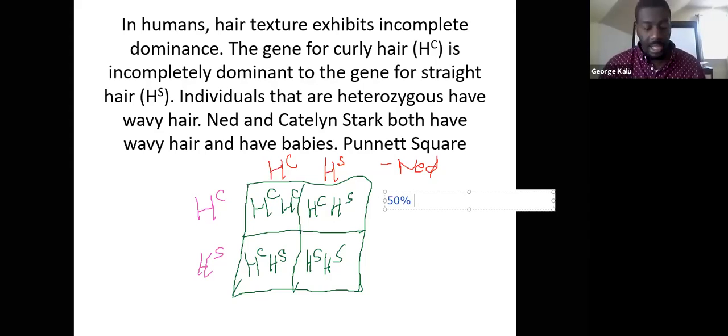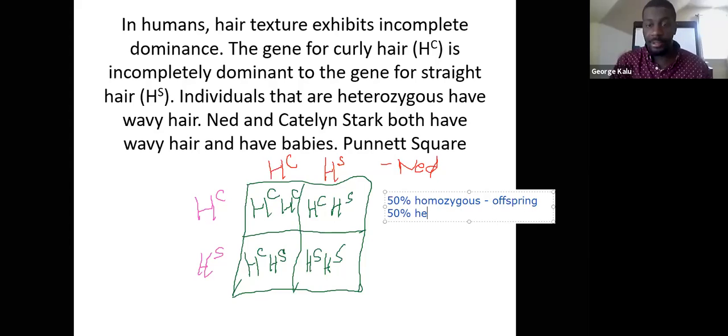So we're going to have 50% homozygous offspring, or a 50% chance of having an offspring that is homozygous, again because we're having HC over here and an HS over here. So we have 2 out of our 4 boxes being homozygous. And then what's the chance of us having offspring that are heterozygous? 50%, right. So a 50% chance of heterozygous offspring.